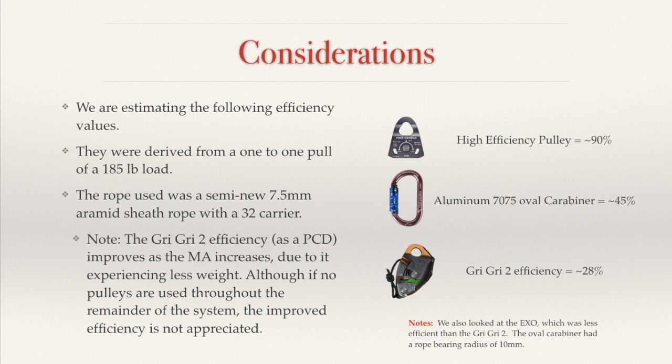So the coefficient of friction, the diameter, everything may change a little bit. So if you see numbers where people say, hey, we usually count our carabiners at 50%, that may be accurate for the carabiner that you're using, depending on the material of the carabiner, the material of the rope, and the construction of the rope. So this is just to give an example.